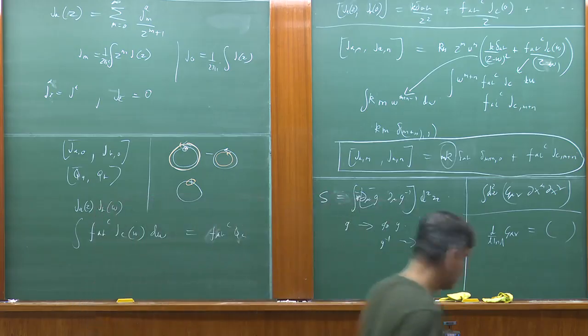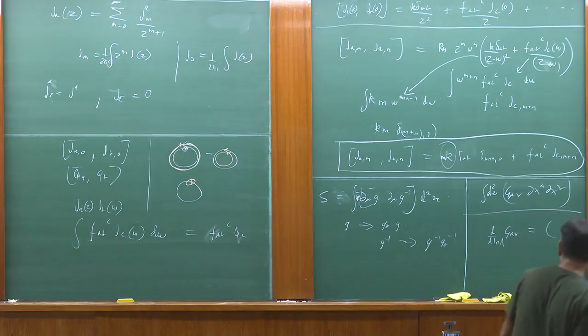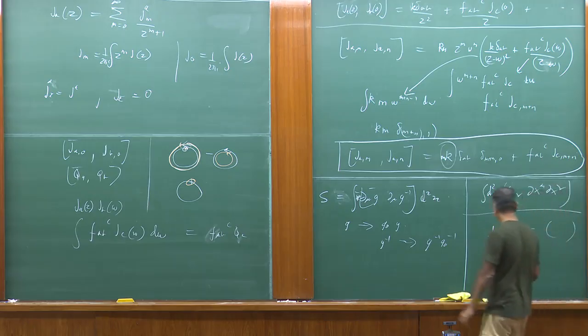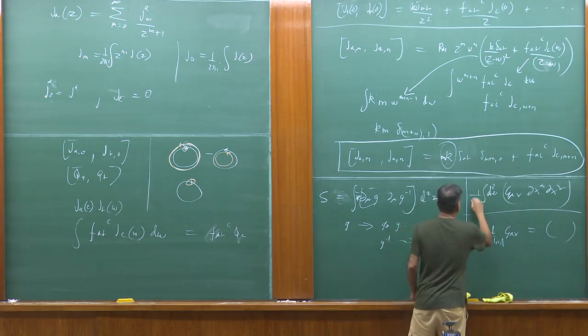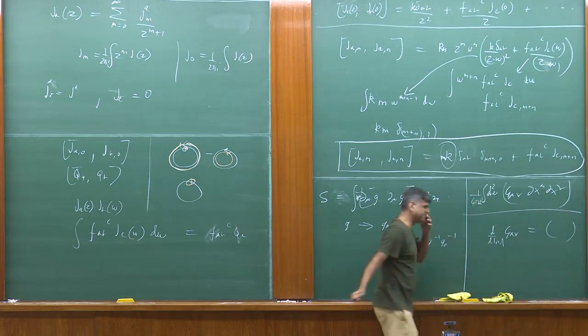Okay? So when you calculate at one loop, suppose I wanted to calculate at one loop. I did a calculation at one loop, and I should put a 1 by 4 pi alpha prime.